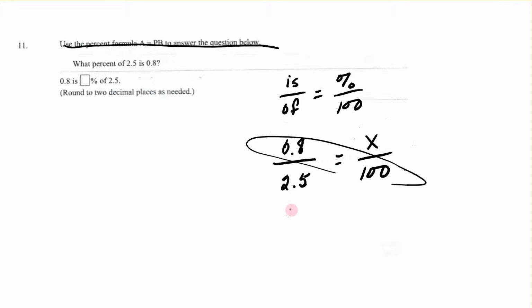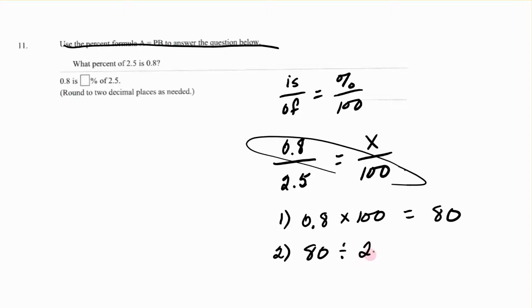Okay, step 1, 0.8 times 100, that's 80. Step 2, 80 divided by 2.5.